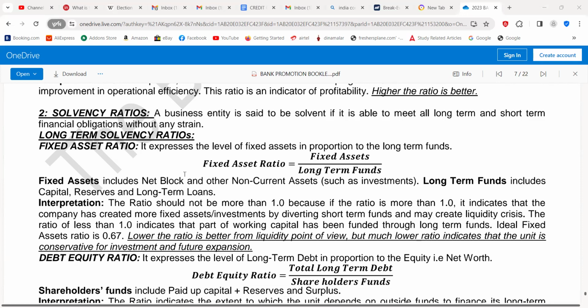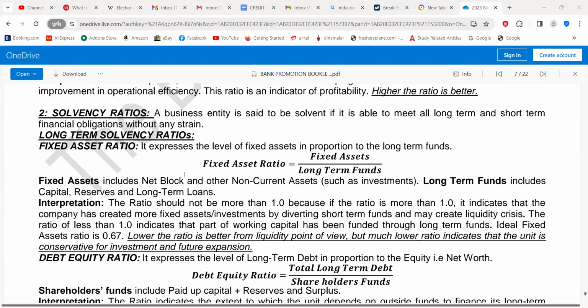No, no. The ratio should not be more than 1. If it is going to be more than 1, it means you are having fixed assets of 125 crores, and your long-term fund is only 100 crore. So what happens? The 25 crore you have taken from short-term funds, which will indicate that you will be having problems in meeting your day-to-day expenses.